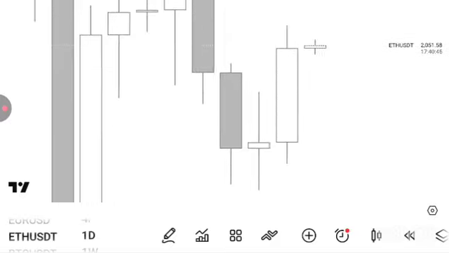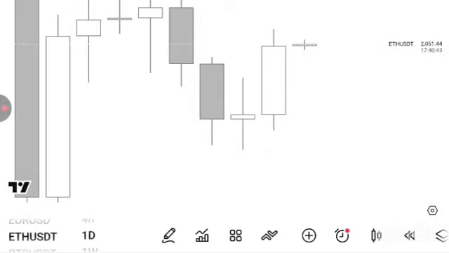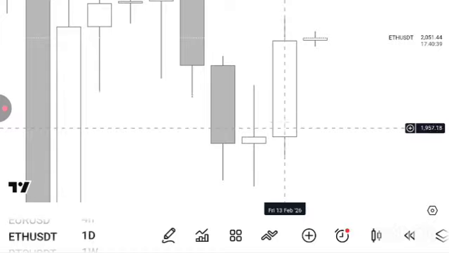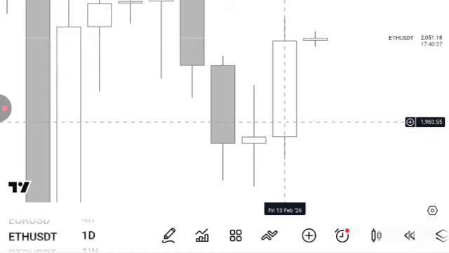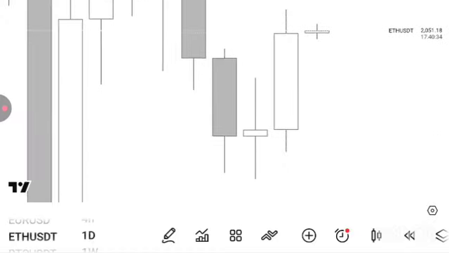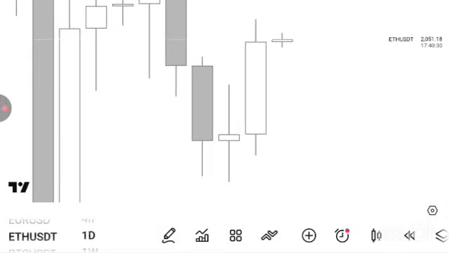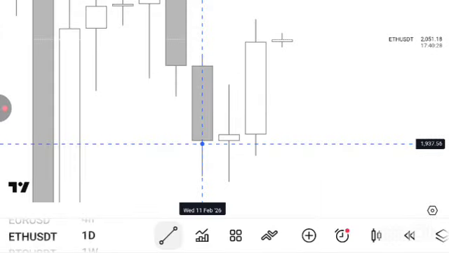All right, this was what I saw. This was actually yesterday on Friday, right? So what I saw on Ethereum USD was just the same thing I told you. This is the daily time frame, right?